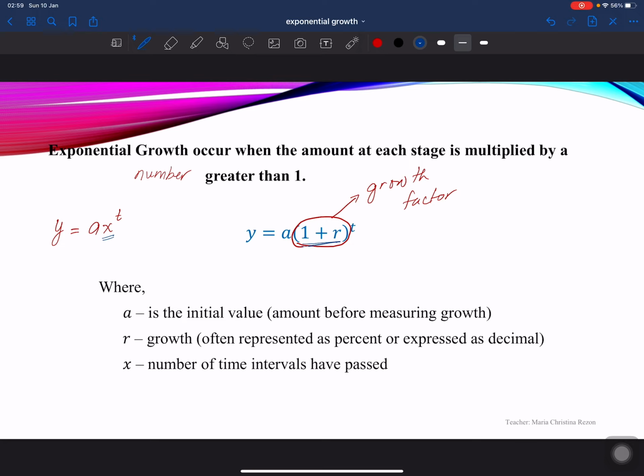So if you use the equation y is equal to a times 1 plus r to the t, then your a is still the initial value, r is your growth rate, so it is expressed in percent or in decimal point, and then of course this is your t, that is your t here, is your time.